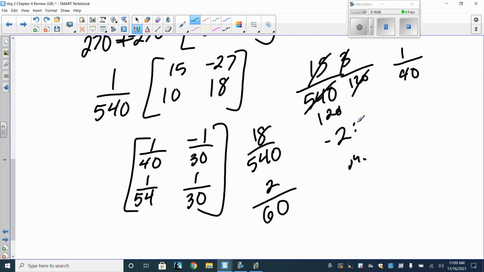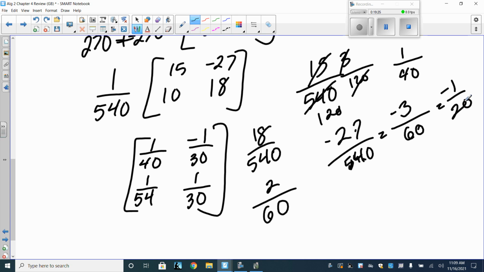So if we look back at negative 27 over 540, 9 will go into both, which would be negative 3 over 60. So that should be negative 1/20th.